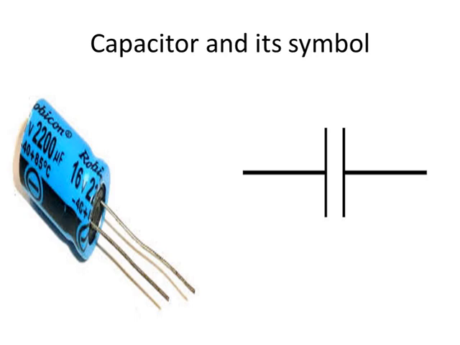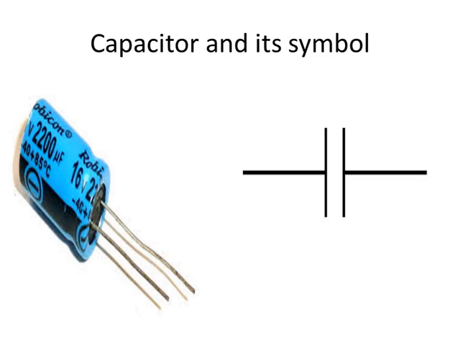And in circuit diagrams, if you see a diagram that looks like the one to your right, having these two straight lines, that is the symbol.